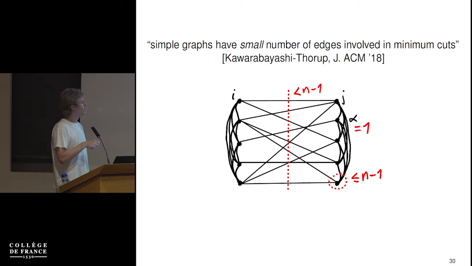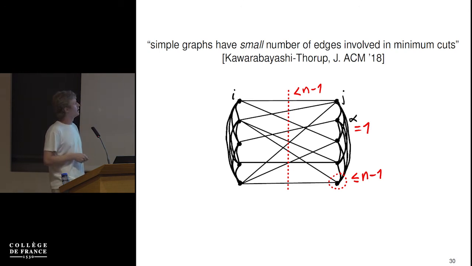But if instead we enforce alpha to be equal to 1, this is what we call a simple graph, namely a graph where it's basically an unweighted graph, so all edges have weight 1, then we get that, for instance, if we look at this trivial cut here, where we just cut off a single vertex, then the value of this cut is at most n minus 1, because this vertex can only have an edge going to each of the n minus 1 neighbors. And since all edges have weight 1, this gives a cut value of n minus 1. Now, if this is the case, then if we still want the min cut to go through the middle, then we cannot put more than n minus 1 edges through the middle.